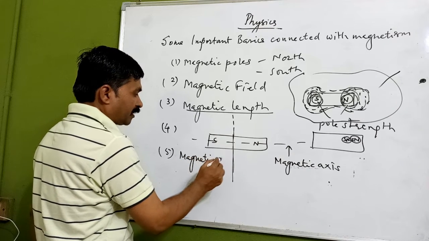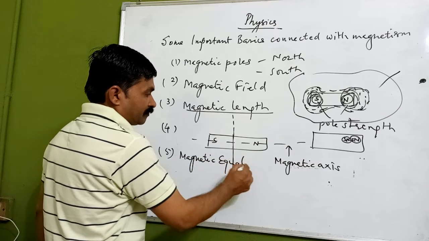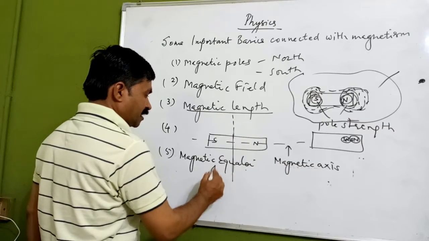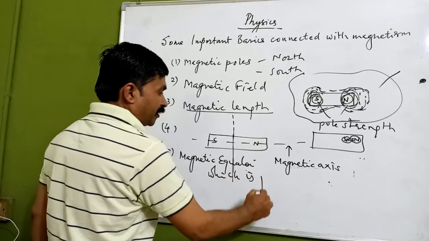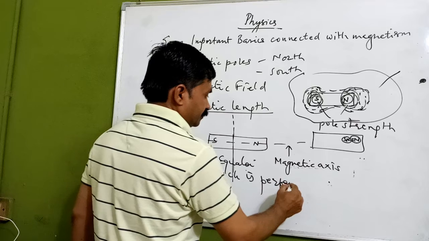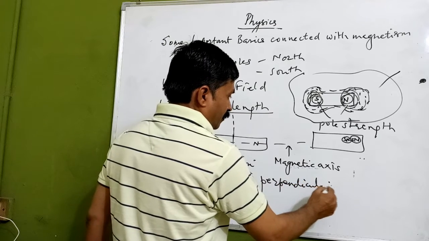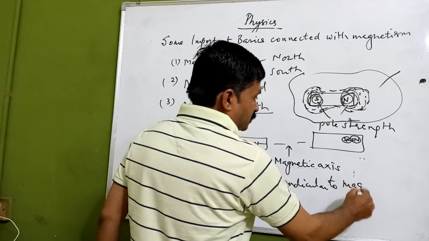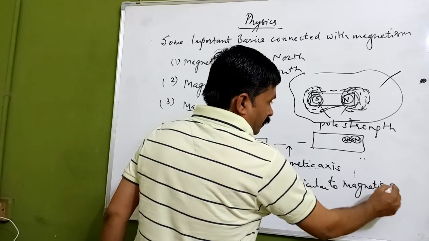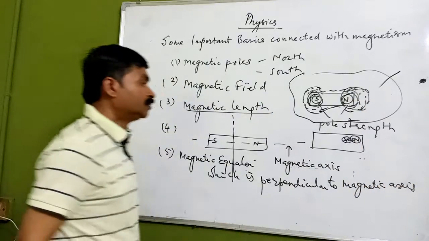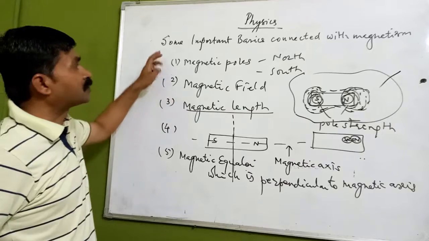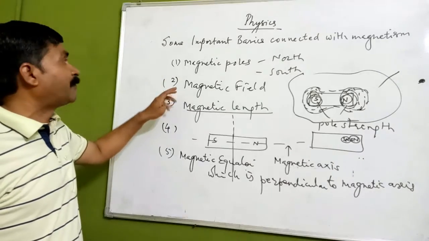It is the magnetic equator, which is perpendicular to the magnetic axis. Okay, so these are some important basic points connected with magnetism.